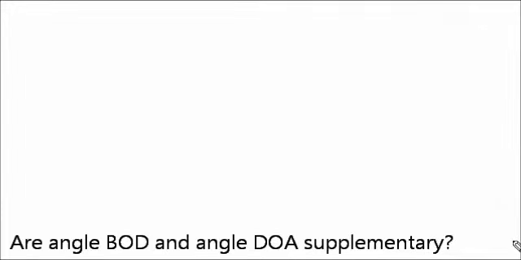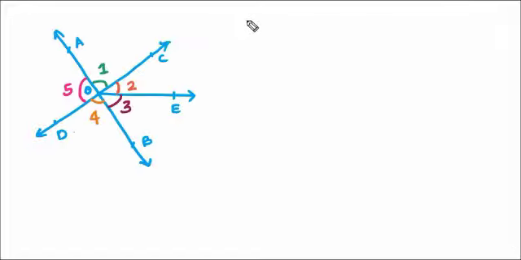Let's see the next. Are angle BOD and angle DOA supplementary? Let's use the trick. Common are OD and DO. OD is common, remaining is BA. Look at BA, and BA is a straight line. Straight line means it is a linear pair, and linear pair means they are supplementary.